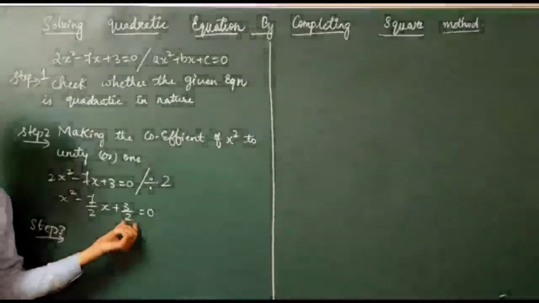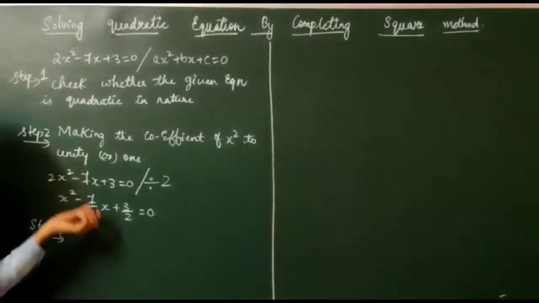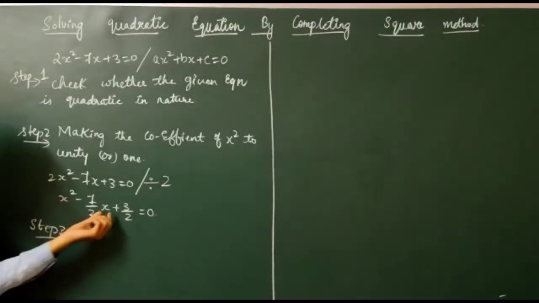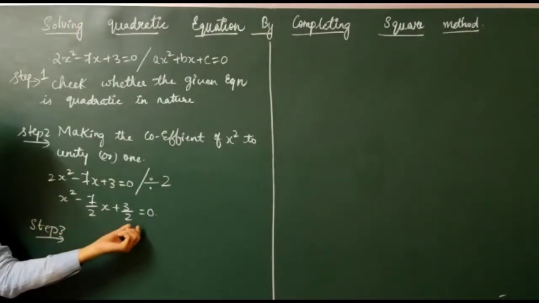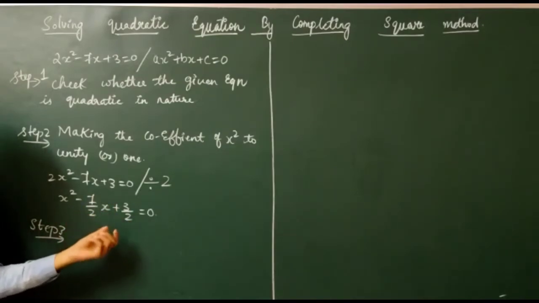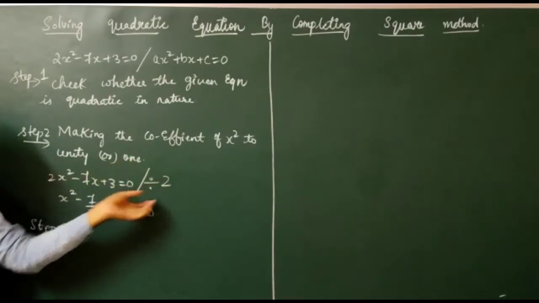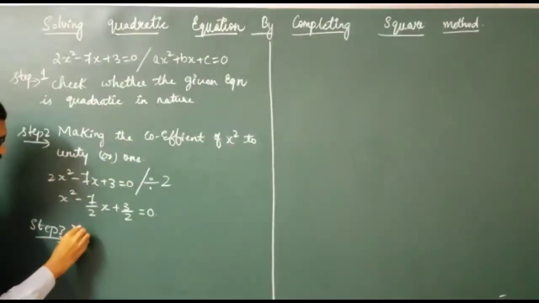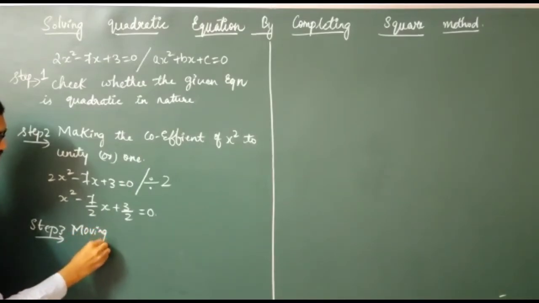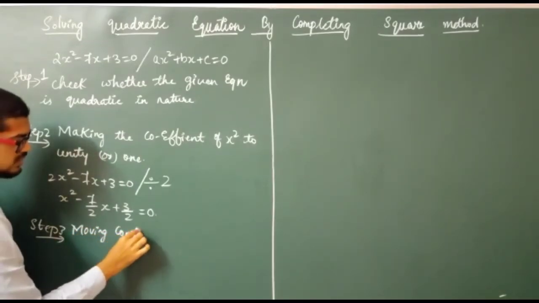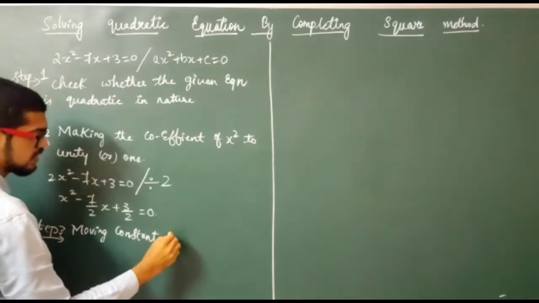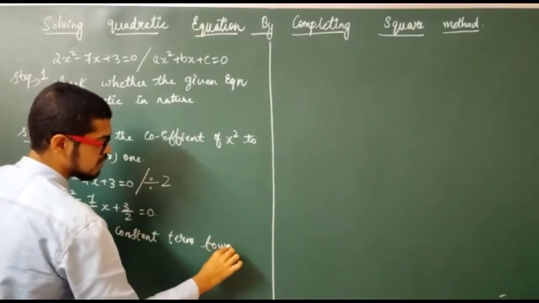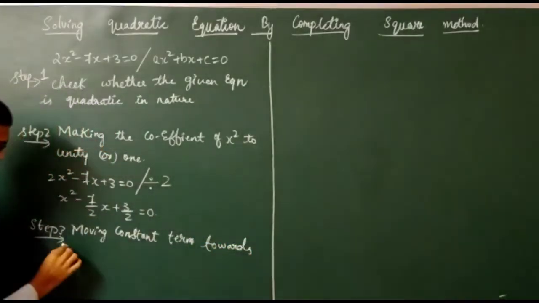Step 3 is moving the constant term towards the right hand side. Carefully observe here. I have x square, I have x, and I have only the constant. So I need to move this 3 by 2 towards the right hand side. I'll write it over here: moving constant term towards RHS.